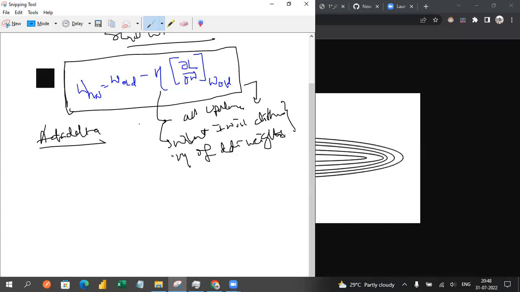What is the basic idea of using this for each and every weight? You may probably have feature sparseness.